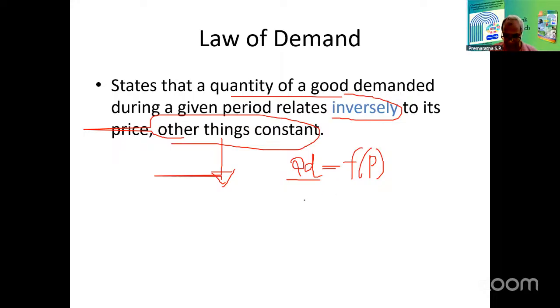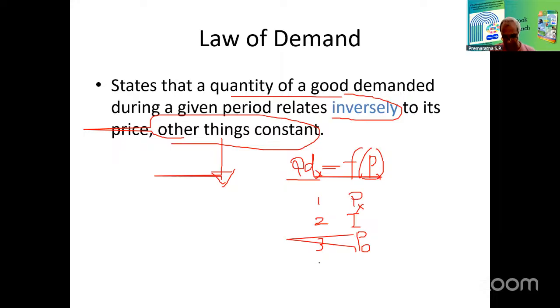Other factors depend on the particular good and service, but generally the most important factors are, first, of course, its own price, and maybe the next most important factor is income. Your income also affects your demand. Another factor is the price of other goods.